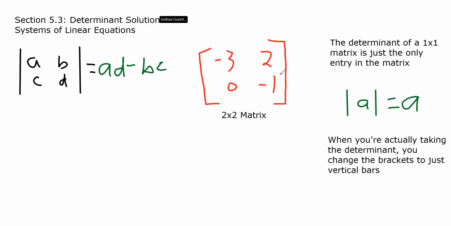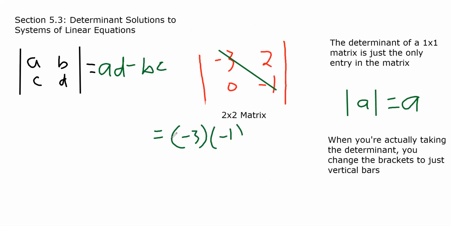So let's take this matrix I've put on the board here. Let's calculate its determinant. So I'm going to turn these into vertical bars. And so now what I'm saying is I'm going to take the determinant. I got to start by multiplying these two values together. -3 times -1.